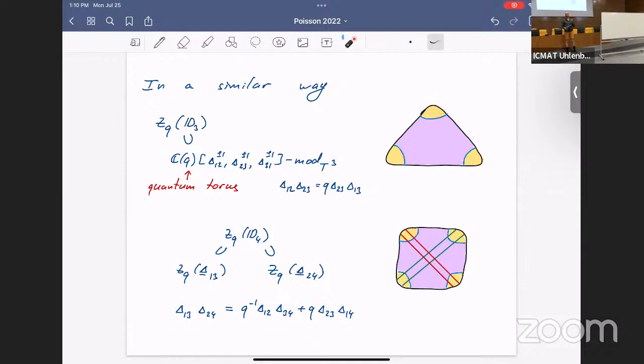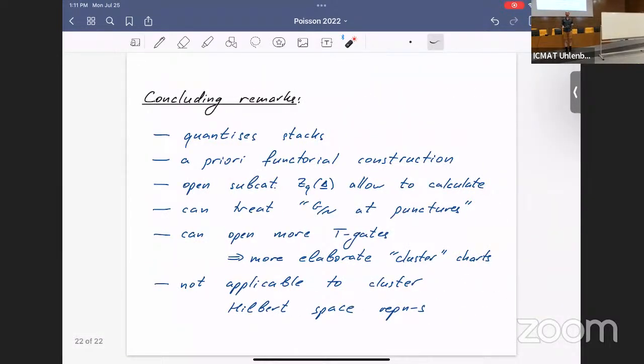But the algebras a priori will be different, and we actually use these algebras with more gates to explain how things are glued over here. In particular, it means that you have more elaborate cluster charts, which indeed help in all the calculations.